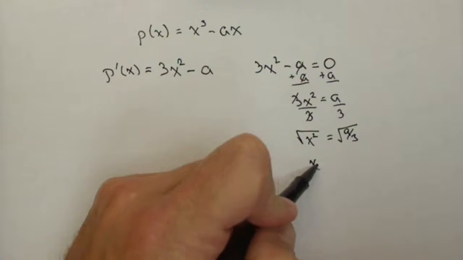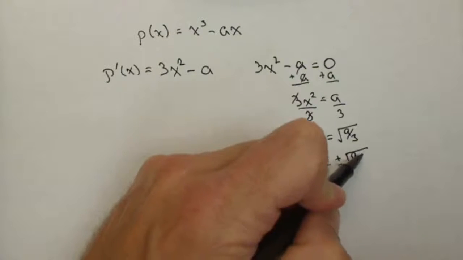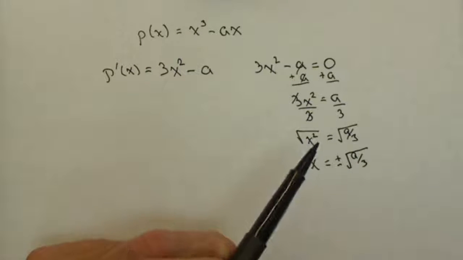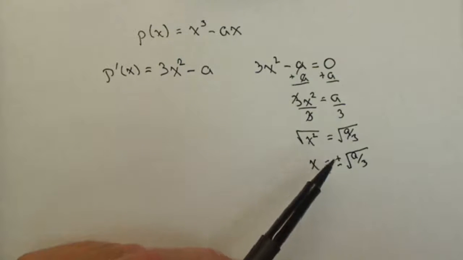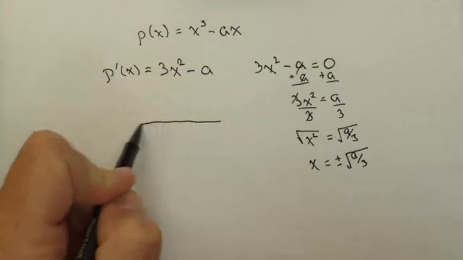Now the last thing we'll take into consideration is the positive and negative square root of a over 3. And so we've got two critical points, one at negative radical a over 3 and one at positive radical a over 3. So let's construct a sign chart.